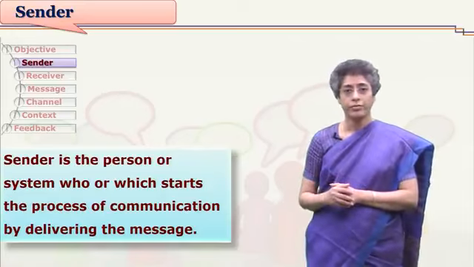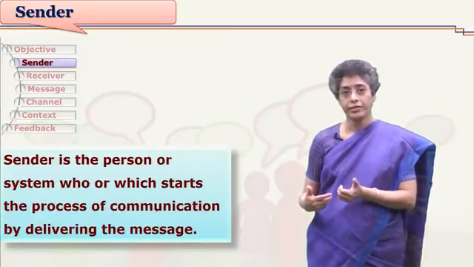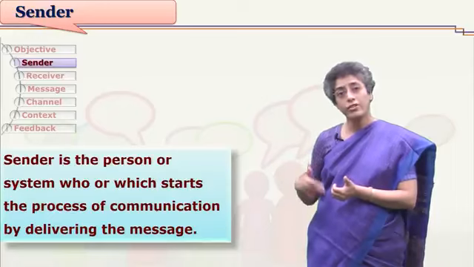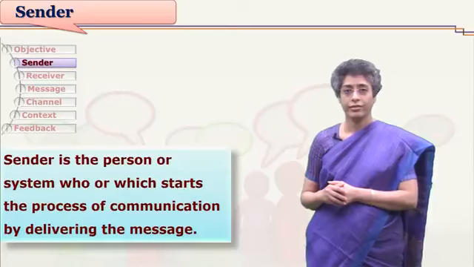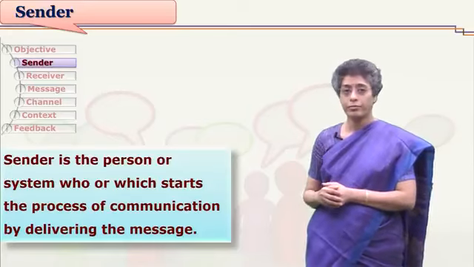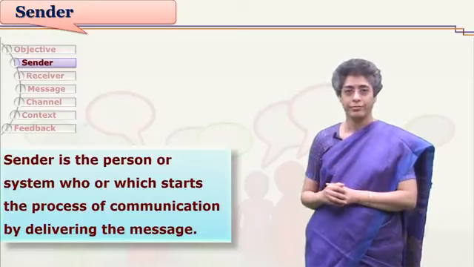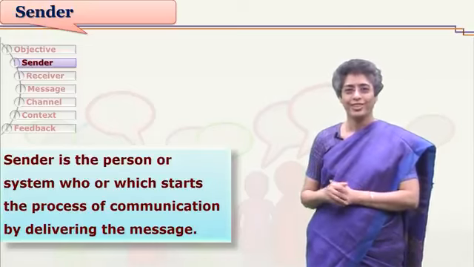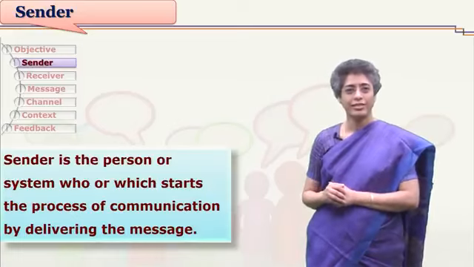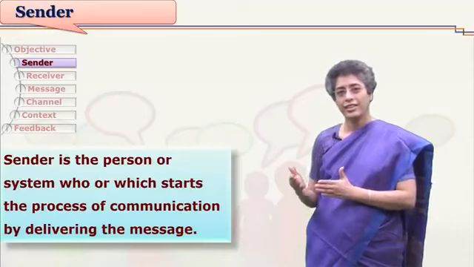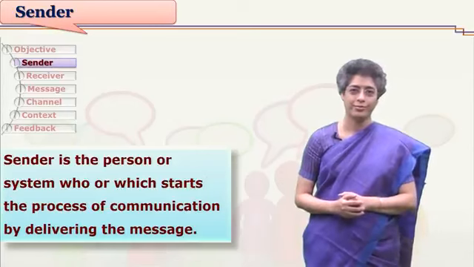For example, if we are getting automated messages, then the system which is delivering those automated messages becomes the sender. If we put an alarm on our cell phone, then early morning, who wakes us up? The cell phone. So the cell phone is sending us a message, wake up. That's how we can say that the sender need not always be a person, it can be a system also.